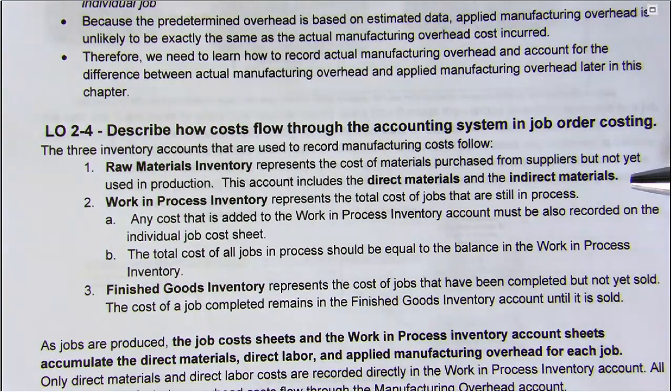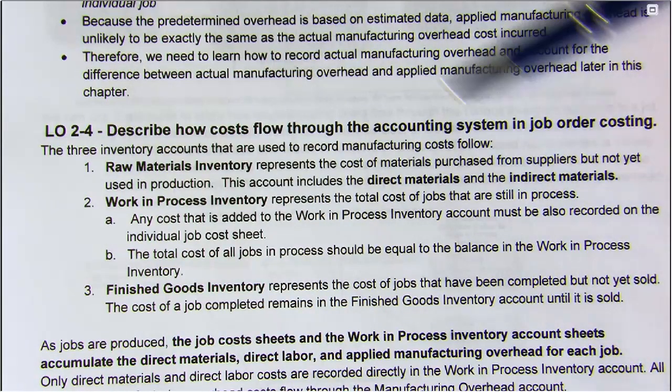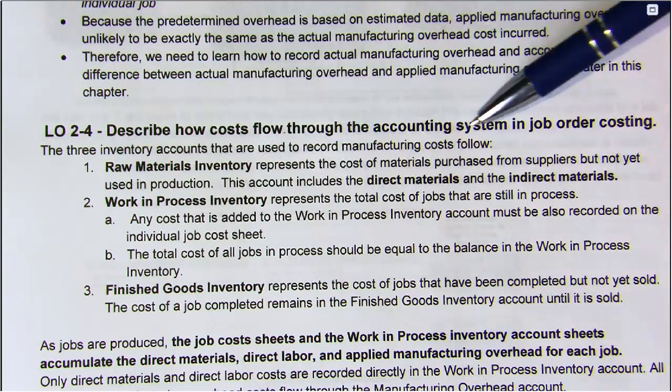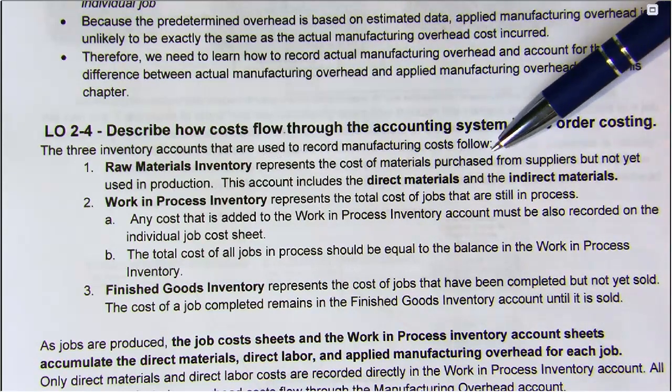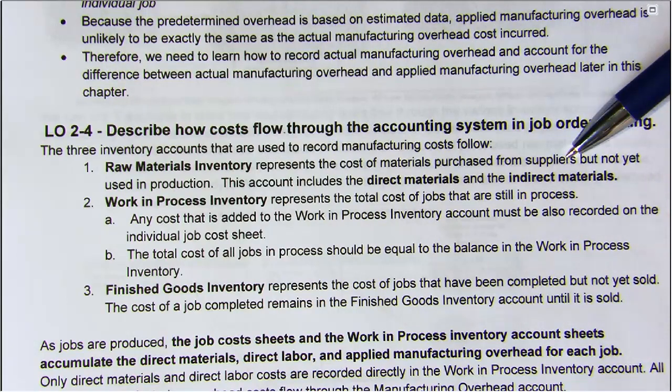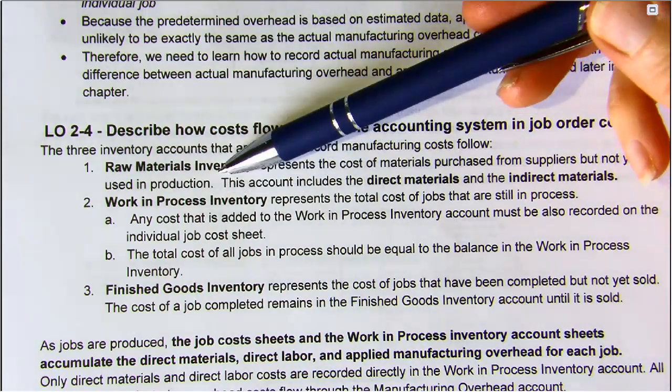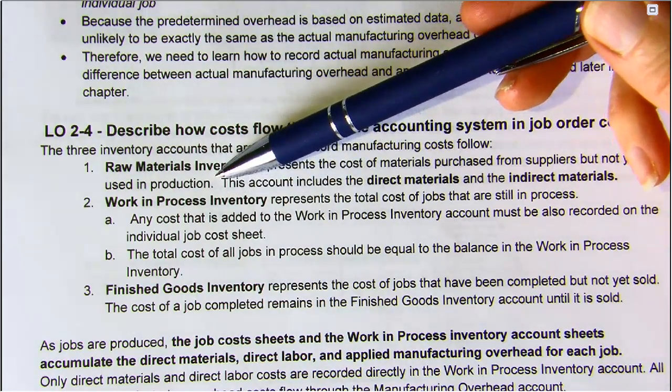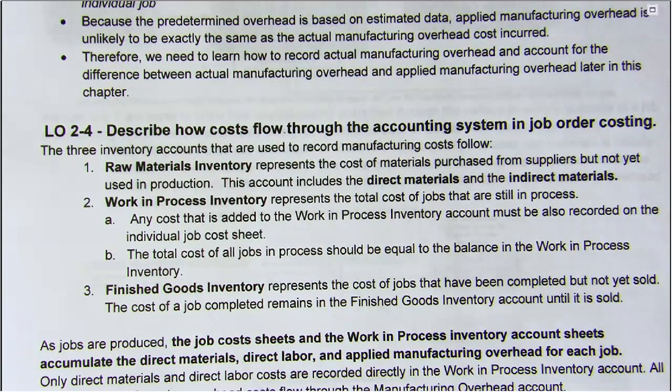Okay, there are three different types of inventory accounts in manufacturing systems. The first one is the raw materials inventory, and that represents the cost of materials purchased from suppliers but not yet used in production. So they remain in there until there is a materials requisition form ordering that they be moved from the raw materials inventory into the production process.